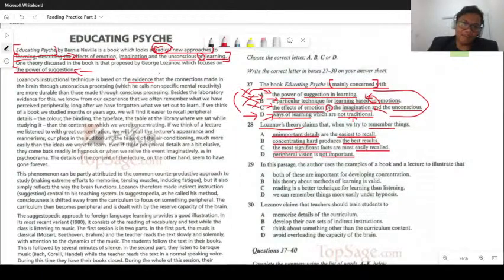Basically the claim, not important just yet, that the connections made in the brain through unconscious processing, which he calls non-specific mental reactivity, are more durable than those made through conscious processing. Okay, let's stop there for a second.